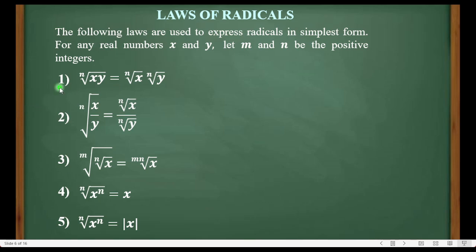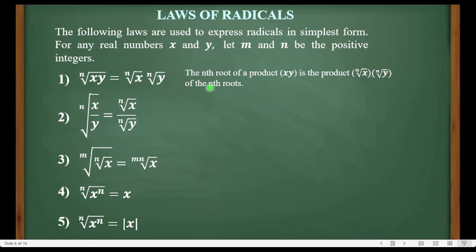For number 1, we have the nth root of xy is equal to the nth root of x multiplied by the nth root of y. So again, you will verbally read this as the nth root of the product of xy, which is equal to the product of the nth root of x times the nth root of y.